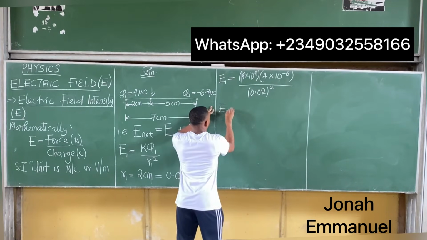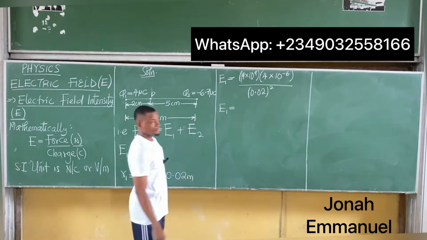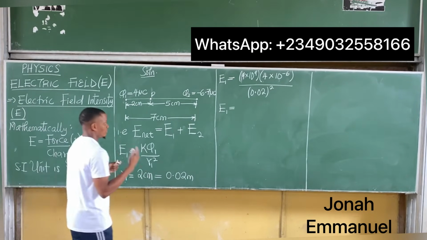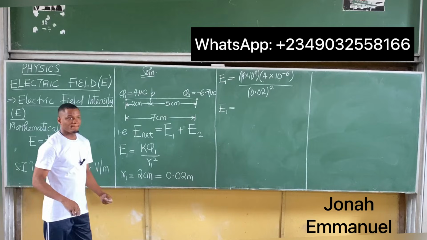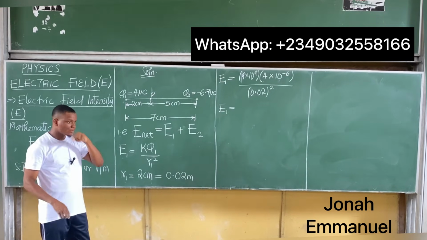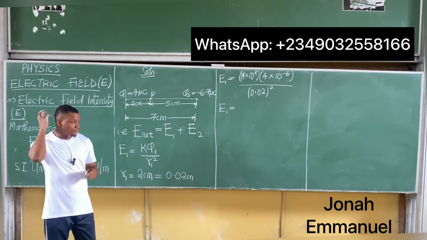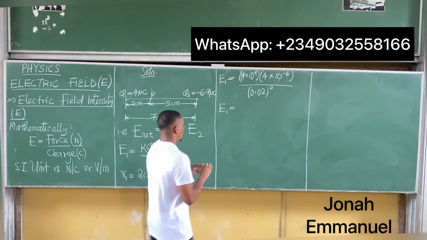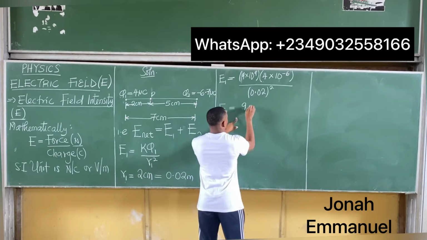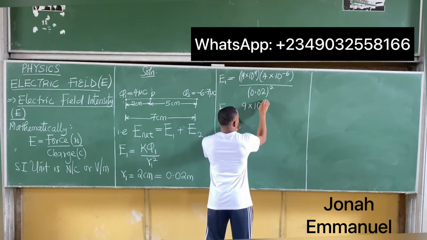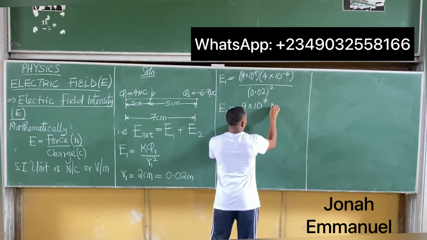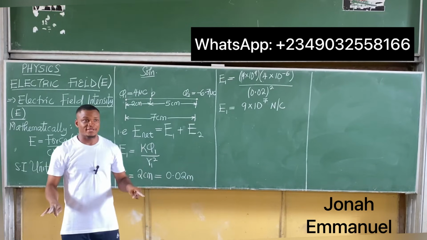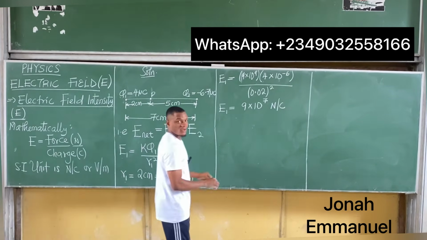Please give me the value. Nine times 10 to the power 7, in Newton per coulomb. Is there a confirmation? Is it correct? All right.